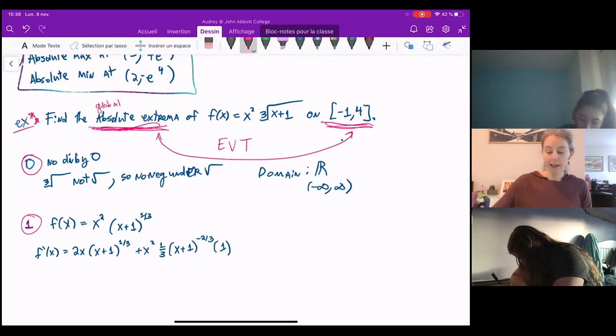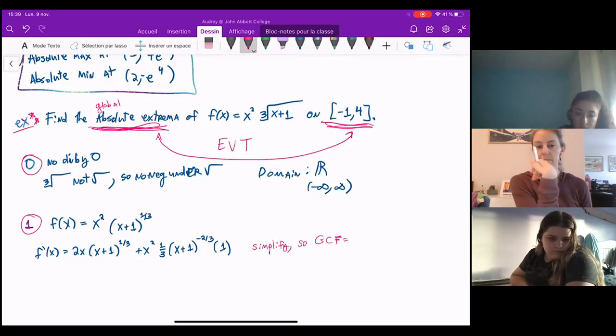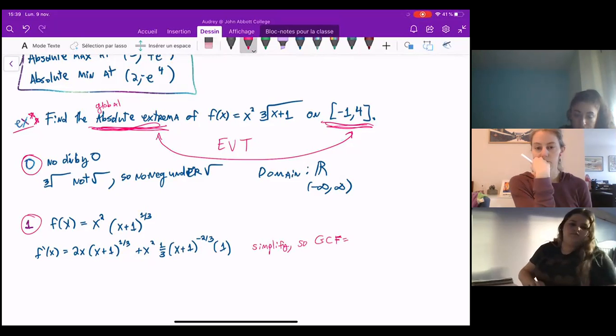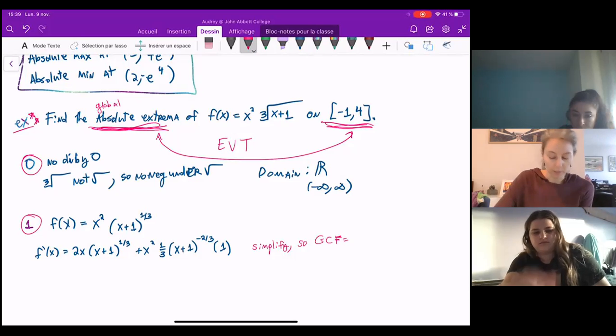And we need to simplify, so we're looking for our greatest common factor. What is our GCF here? Let's start with the 2. There isn't a 2 on both sides.